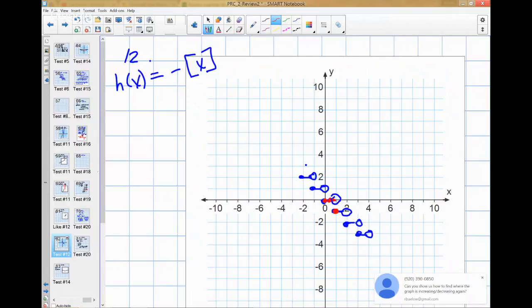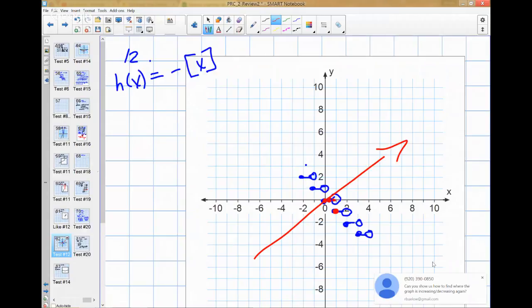Anyway, you remember our standard greatest integer was a step function, and it went up in this direction. Because of the negative, it's taken the slope of the steps and made it negative 1. Now the steps are going down, the opposite way.